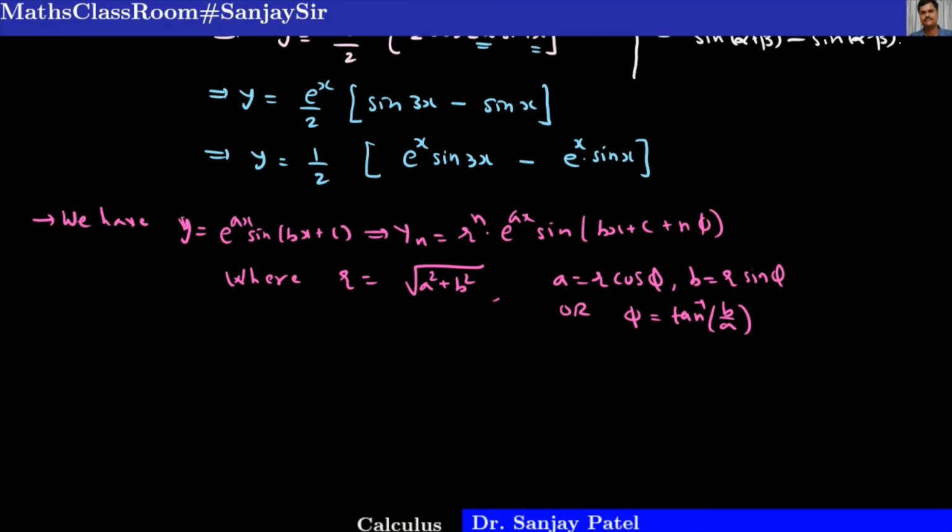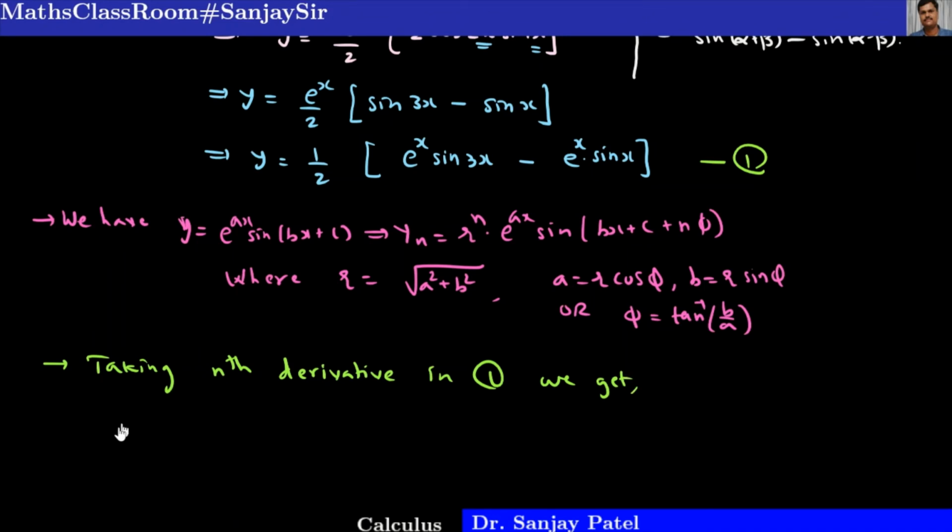Now, for this result number 1, let us take the nth derivative on both the sides. Taking the nth derivative in 1, we get yn on the left hand side, and on the right, 1 by 2 as it is. For this first term we have a is equal to 1 and b is equal to 3.